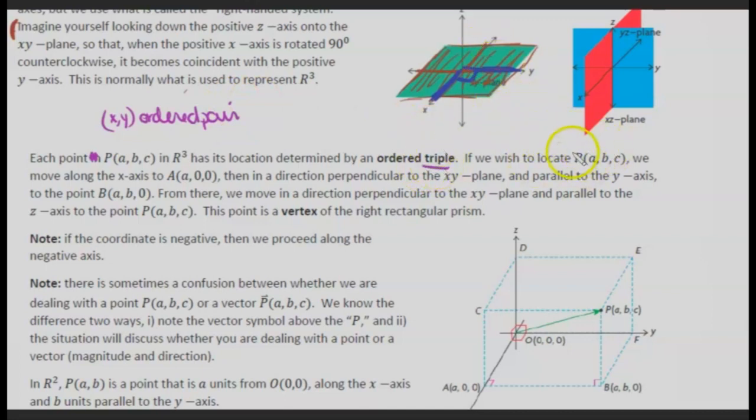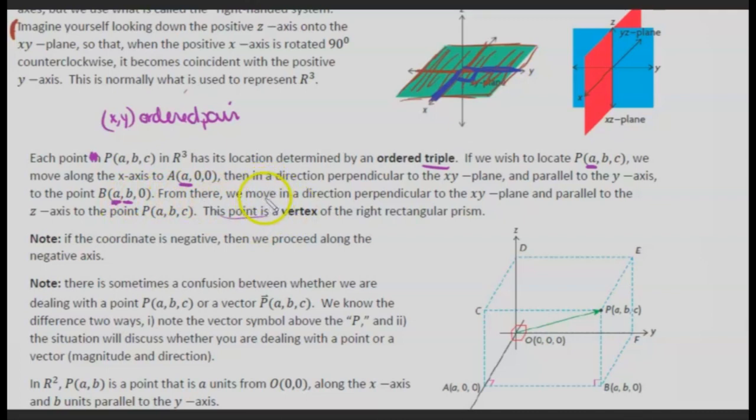If we wish to locate point P (a, b, c), we move along the x-axis to a, a being that first position, whichever direction it's in, positive or negative. Then in a direction perpendicular to the XZ plane and parallel to the y-axis, we move to the point b. You're already at a, and you continue from that position and move to b in the y direction.